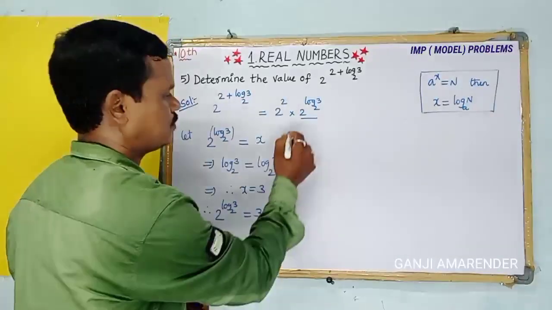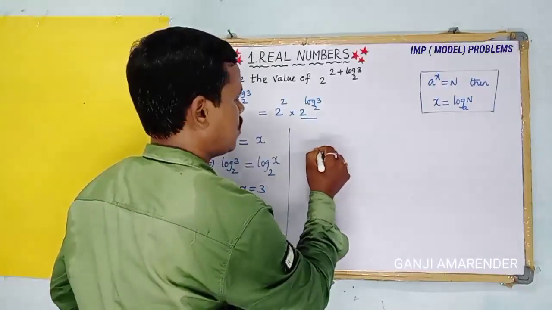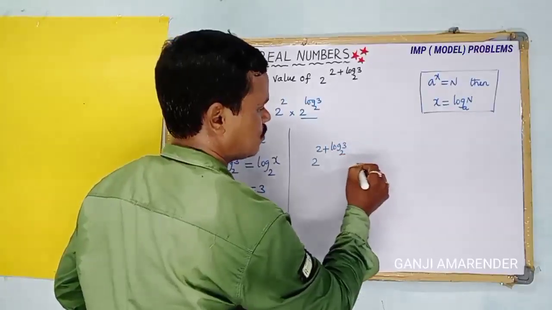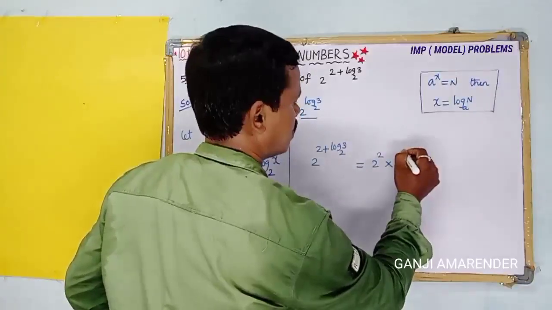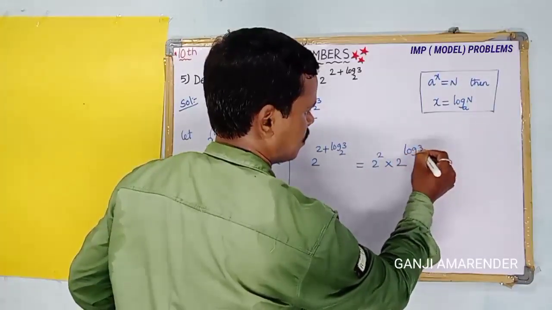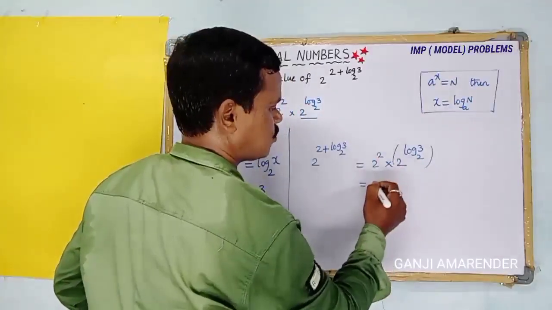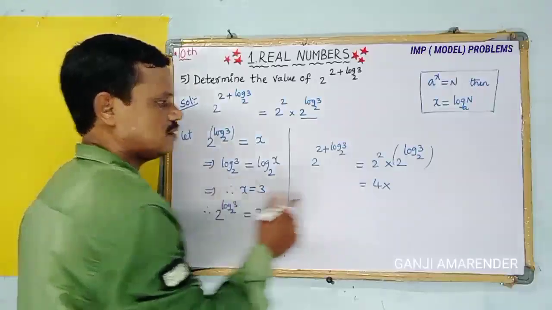Now substitute here. We have 2 power 2 plus log 3 base 2 is equal to 2 power 2 into 2 power log 3 base 2. 2 power 2 means 4, and this value is 3 only.